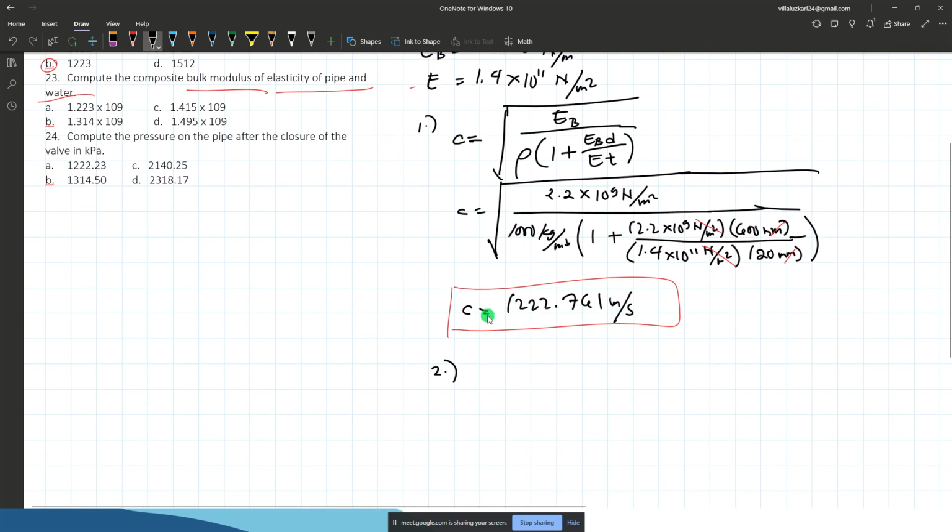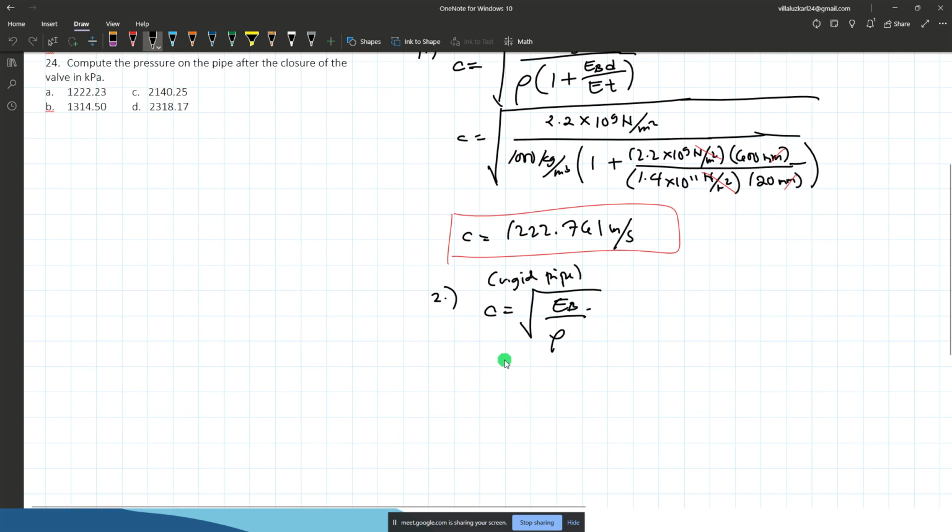So using the celerity computed for a non-rigid pipe, the equivalent bulk modulus of elasticity for a rigid pipe is your composite bulk modulus of elasticity of pipe and water. Using the solution for the celerity of a rigid pipe, the square root of EB over rho, we can compute this bulk modulus. Rewriting the solution, we have c squared times rho.